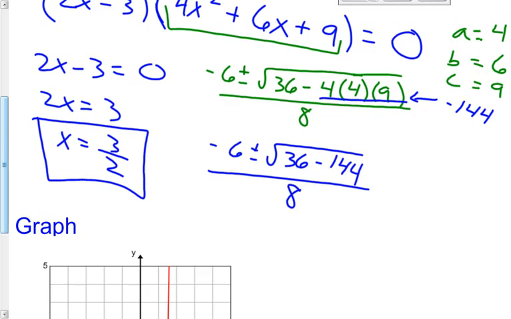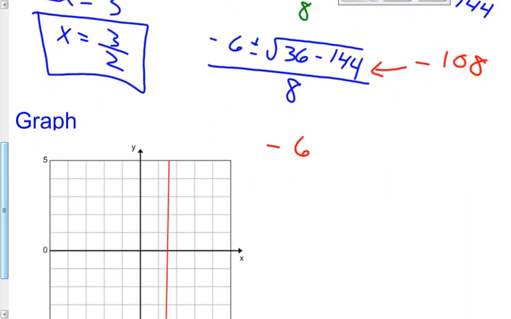So now further simplifying our radical, 36 minus 144 is a negative 108. So now we have a negative 6 plus or minus the square root of a negative 108, that number divided by 8.